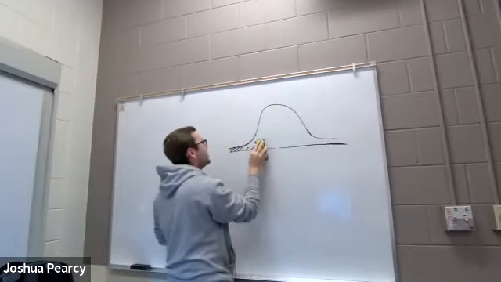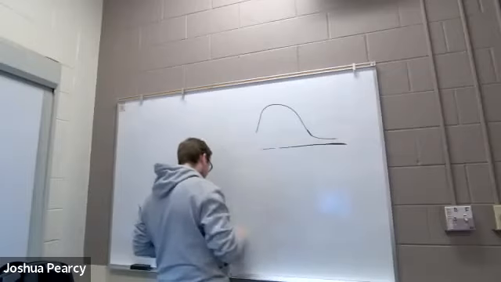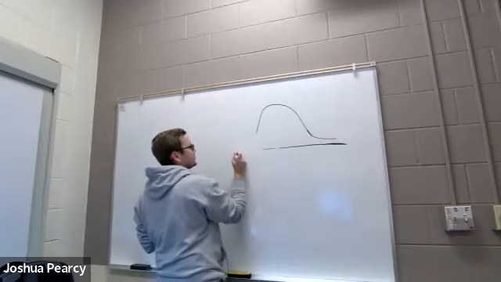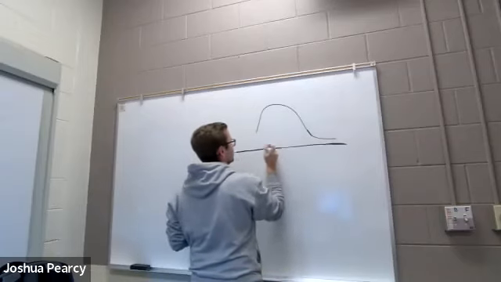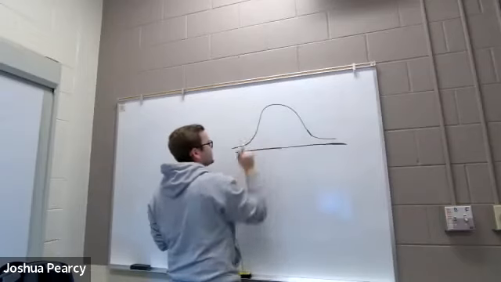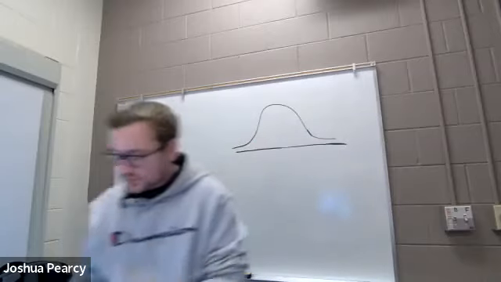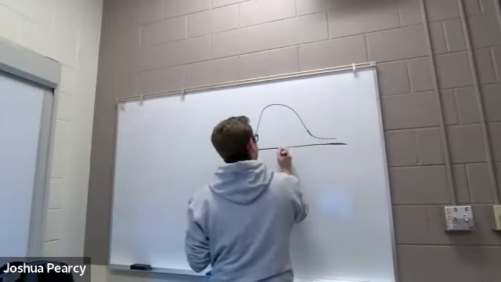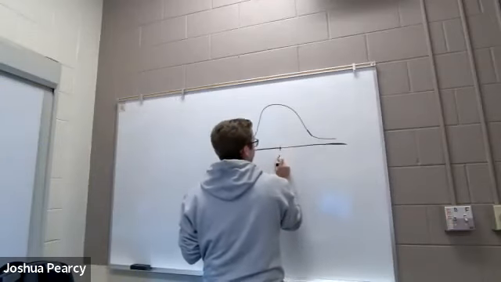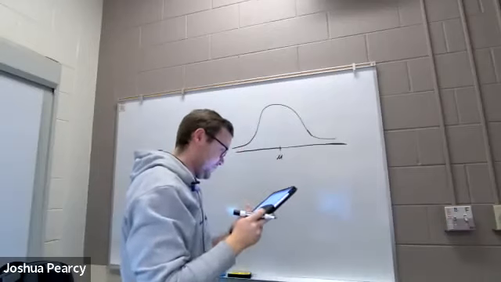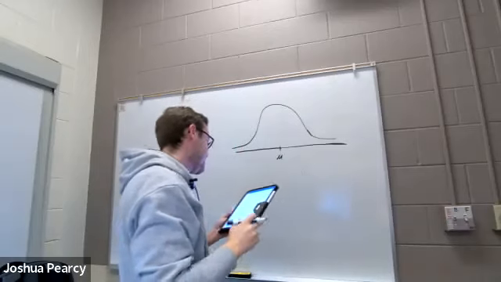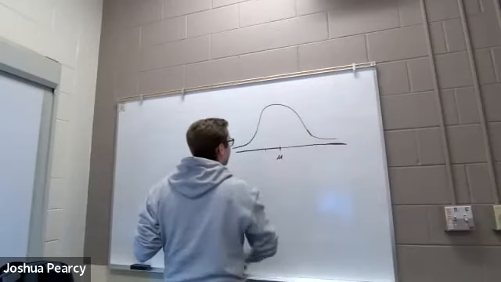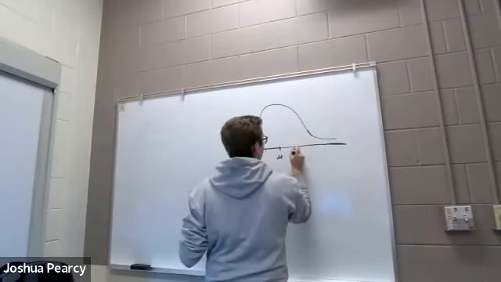Fair warning, I can't draw very well. I will try my best. So at the middle, there's the mean mu. What this first rule says, approximately 68% will fall within one standard deviation of the mean.